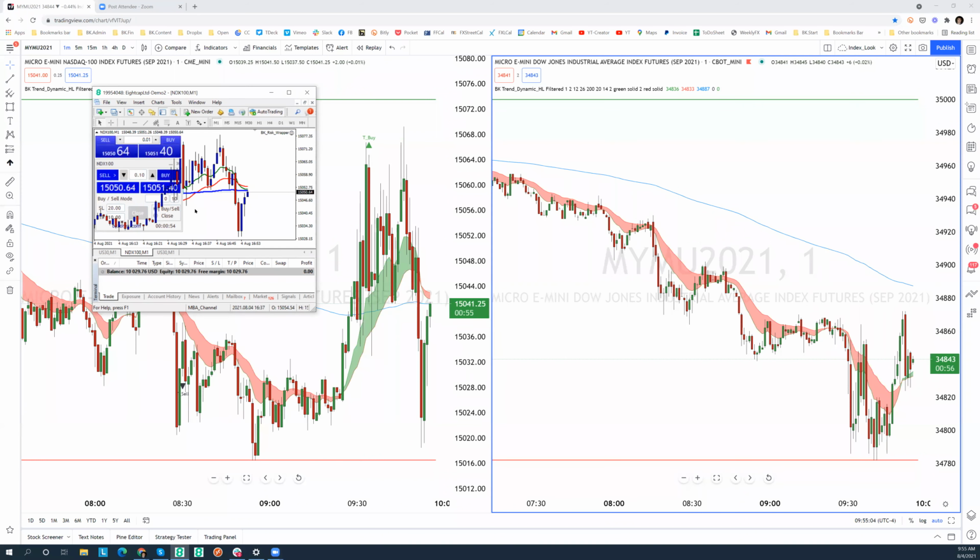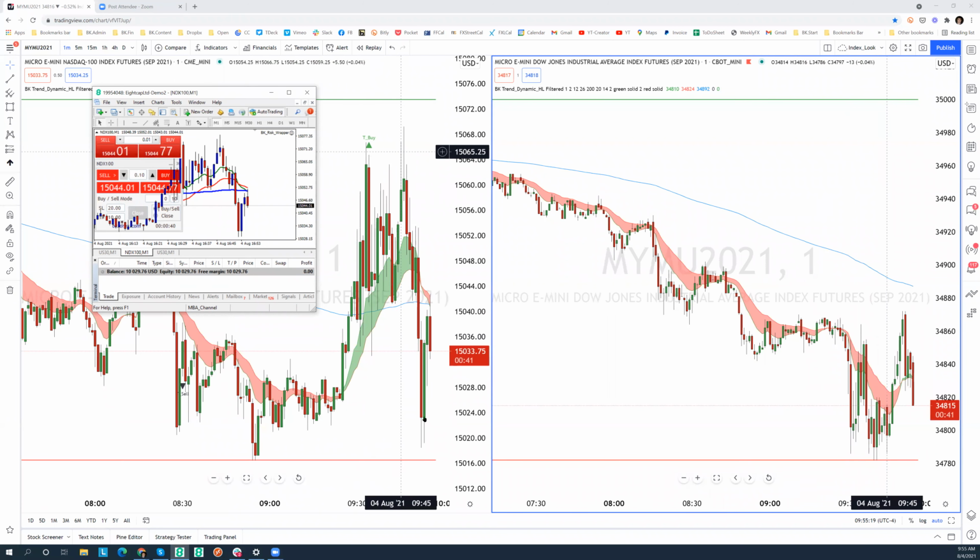Oh, they V-shaped it for the time being. Look at how much two-way price action there is, just flaring up, flaring down. This is like a continuation trader's nightmare.